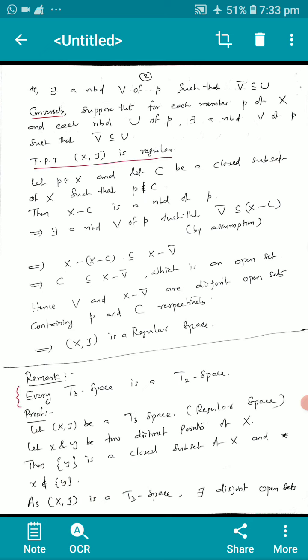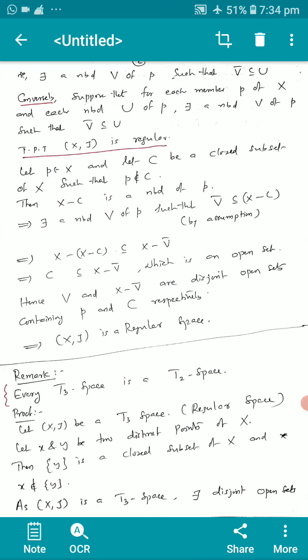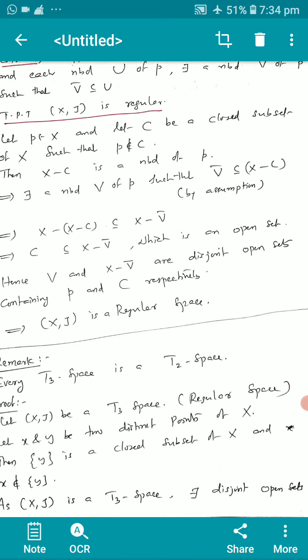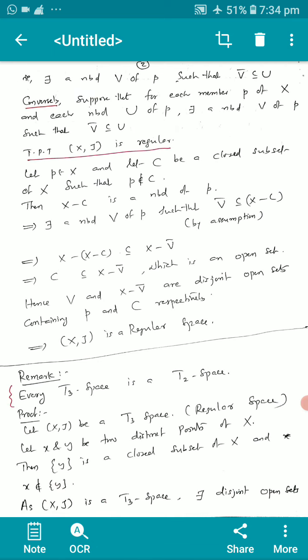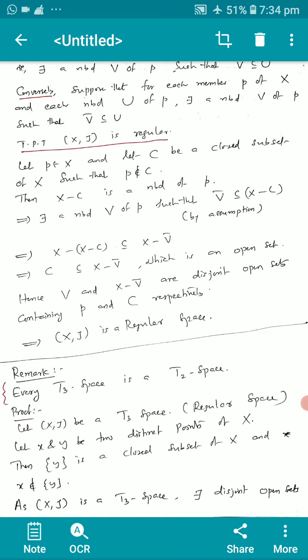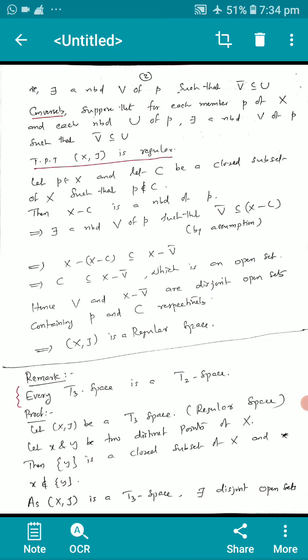Next, a remark is given. Every T3 space, every regular space is a T2 space, a Hausdorff space. Proof. Let X be a T3 space. Let small x and y be two distinct points of X. Then the singleton set {y} is a closed subset of X, and small x is not an element of {y}.